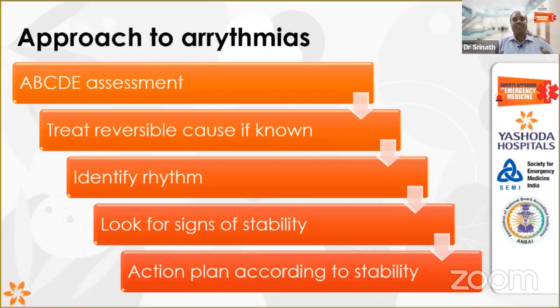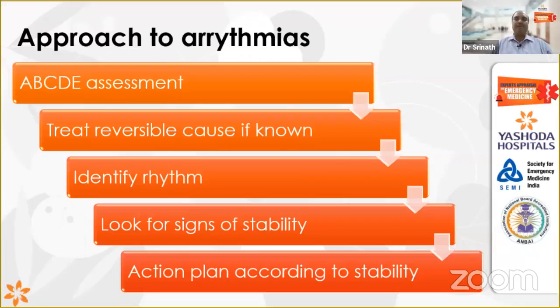Identification: tachyarrhythmias or bradyarrhythmias. When you're looking for tachyarrhythmias, look for the P waves, PR interval, QRS complex, T waves. Narrow complex or wide complex tachyarrhythmia. Then regular tachyarrhythmia or irregular tachyarrhythmia, or regularly irregular tachyarrhythmia.